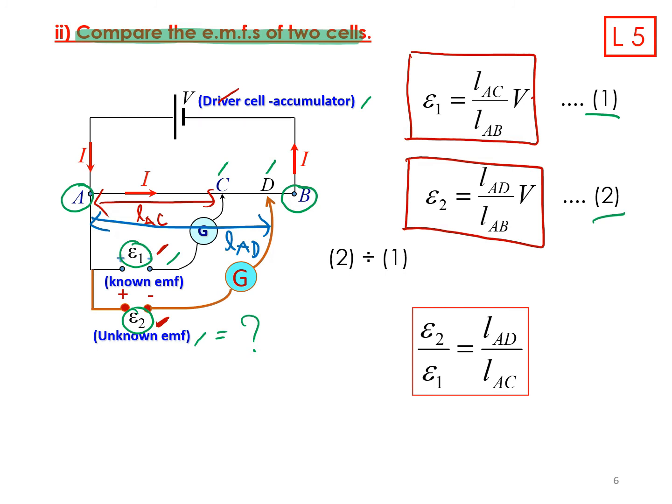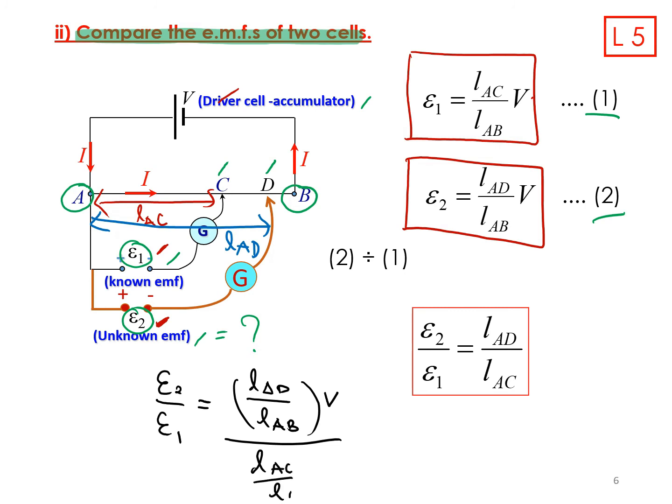EMF2 over EMF1 equals LAD over LAB multiplied with the V, over LAC over LAB multiplied with the V. Then you can cancel out the same values, the V and the length of AB.